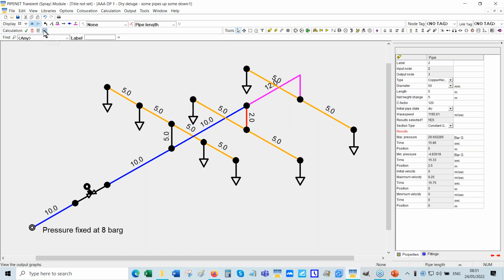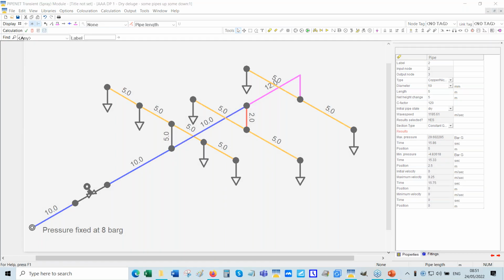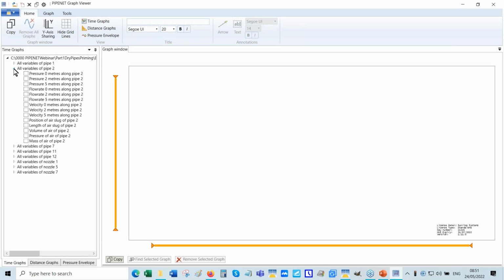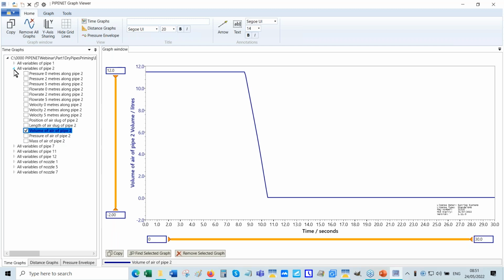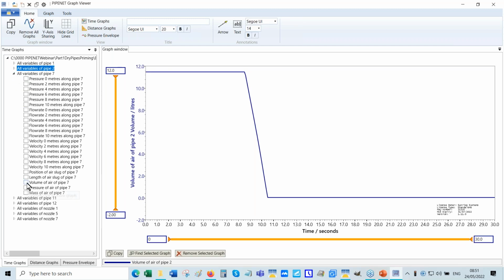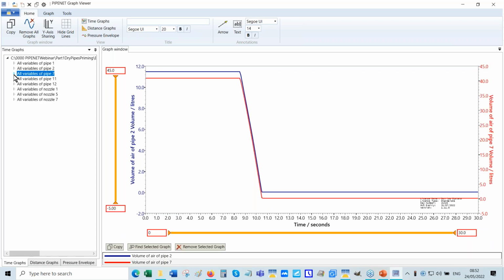Okay, let's look at pipe 2 and pipe 7. See, now they're actually getting primed more or less at the same time.